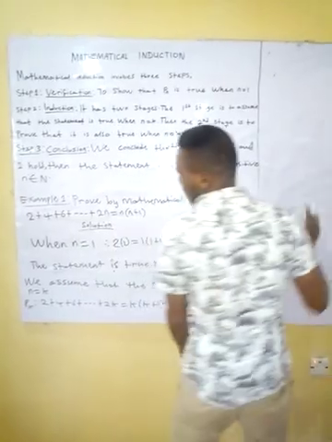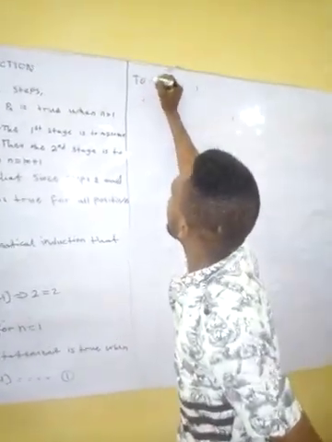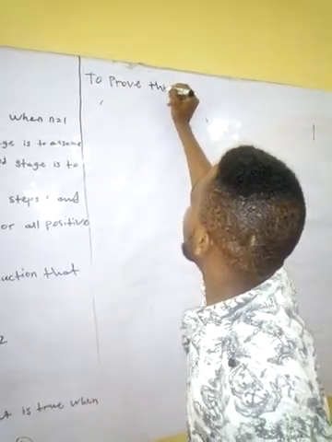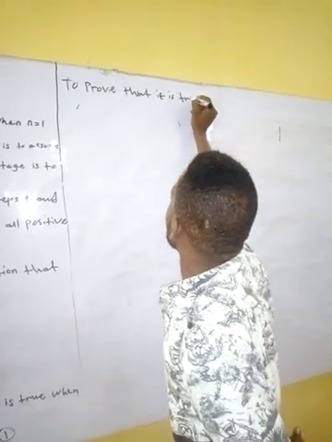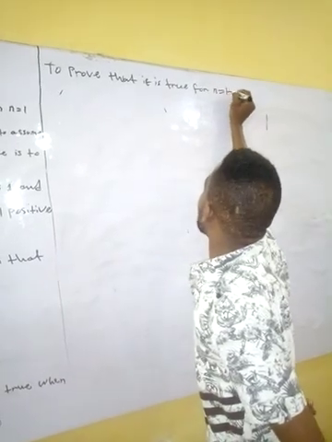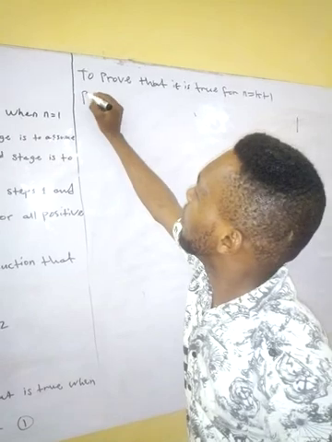You see that just when you see n, you put k. Then, as we now move to the second stage, to prove that it is true for n is equal to k plus 1, we bring down the equation.